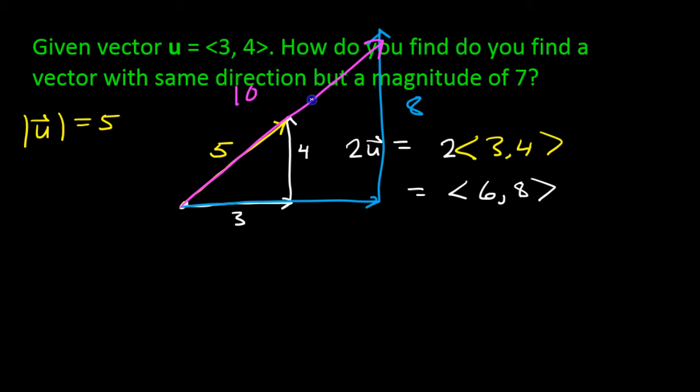But look what's happening. Our new vector, this pink vector, is the vector 2u. It's twice as long, but did the direction change? No. The direction is exactly the same as the original vector. So hold this in your mind: multiplying by a scalar changes the length of the vector, but it does not affect the direction.